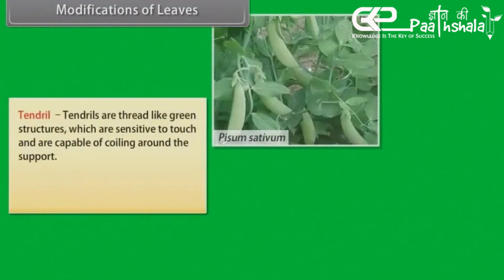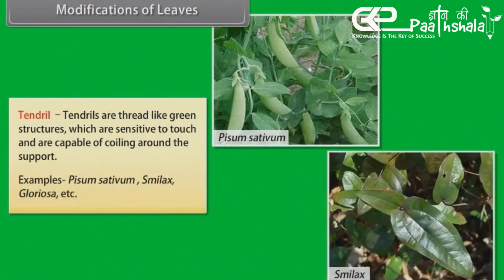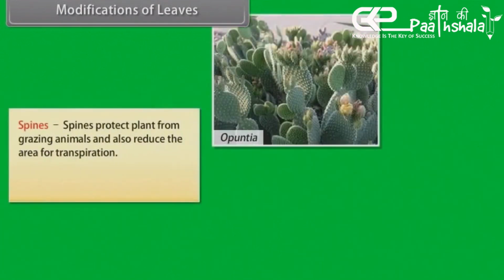Tendril. Tendrils are thread-like green structures which are sensitive to touch and are capable of coiling around the support. Examples: Pisum sativum, Smilax, Gloriosa, etc. Spines.